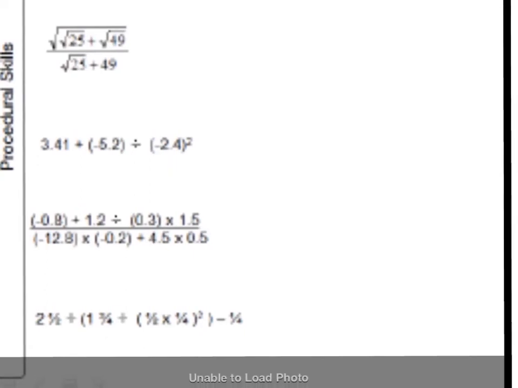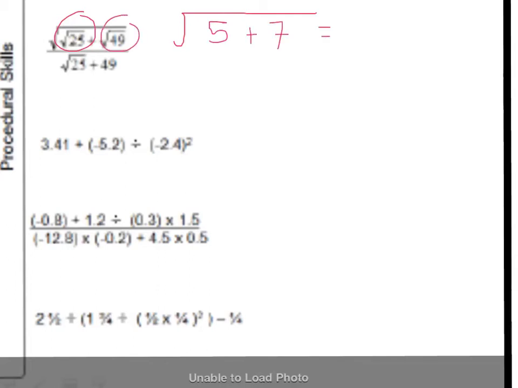Next question is the square root of the square root of 25 plus the square root of 49, all divided by the square root of 25 plus 49. So the first thing I'm going to do is deal with all of my exponents first, which is square roots. The square root of 25 is 5. The square root of 49 is 7.